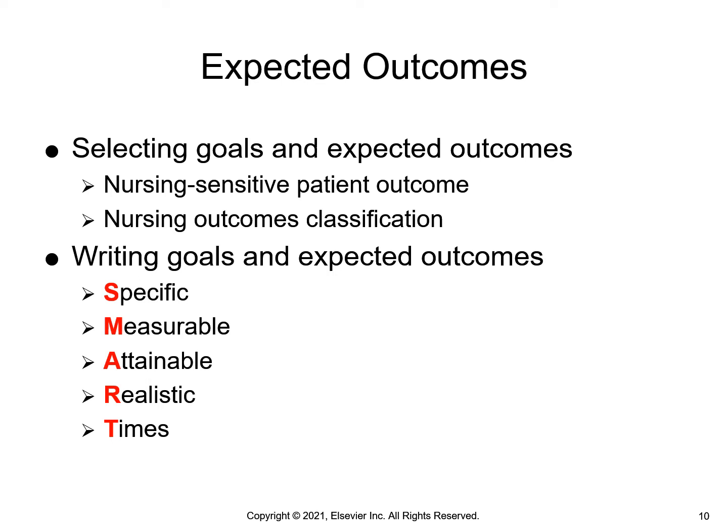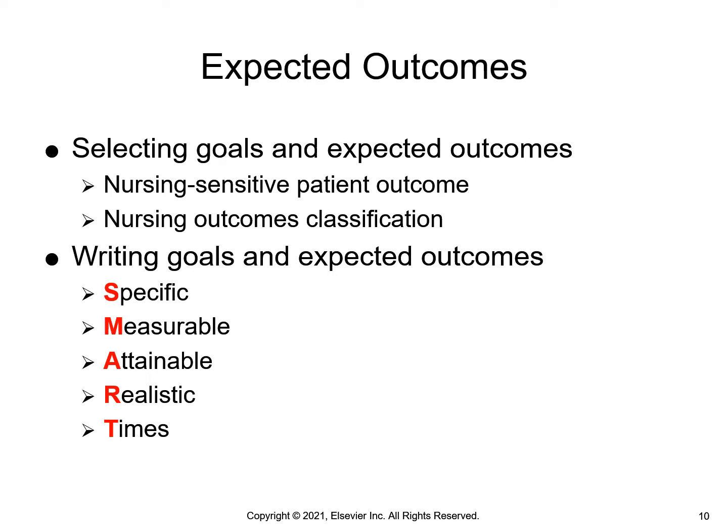This will become important to measure the patient's outcomes that are influenced by the nursing care. A nursing sensitive patient outcome is a measurable outcome for the patient, and it is measured on a continuum that is in response to specific nursing interventions.